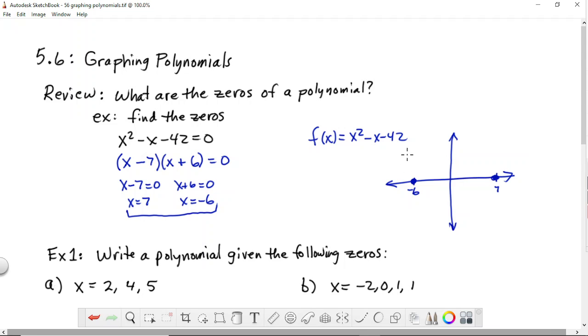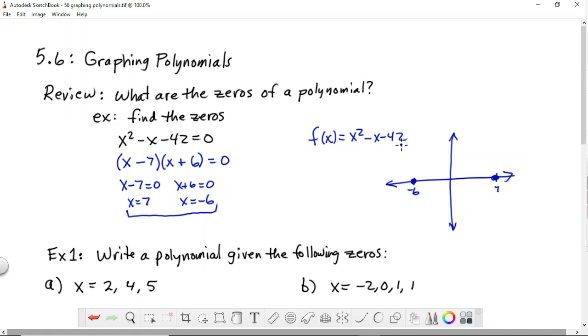And we know this is a parabola, right? It's a quadratic, so it's going to open up or down. This one opens up because the x squared term is positive, so we use a little bit of our knowledge of quadratics to graph it. We can also, though, use our knowledge of end behavior of any polynomial, right?